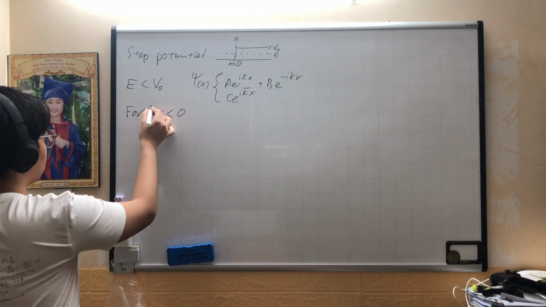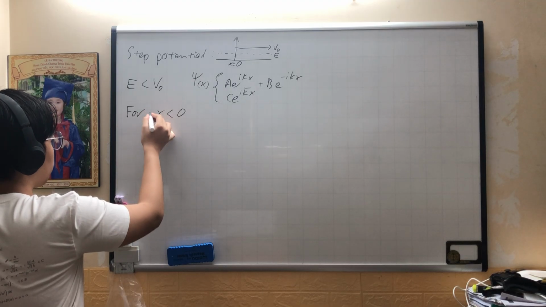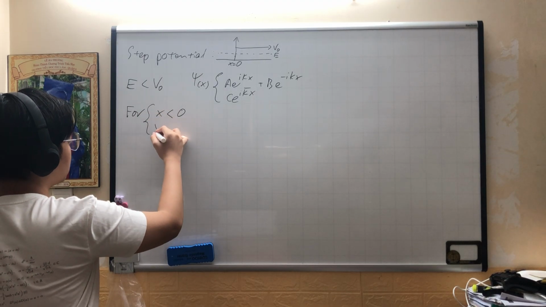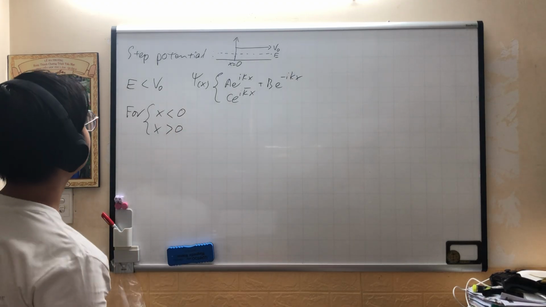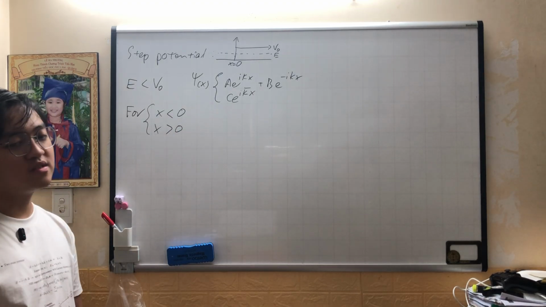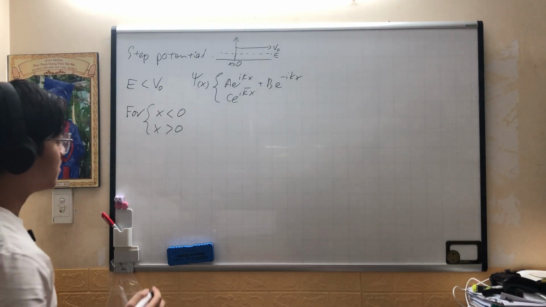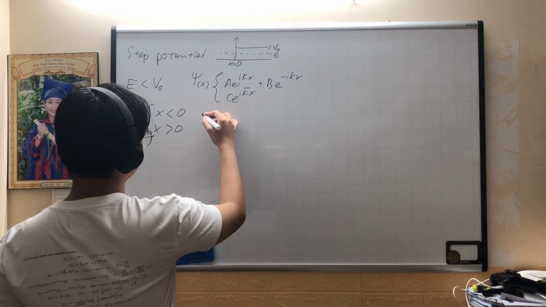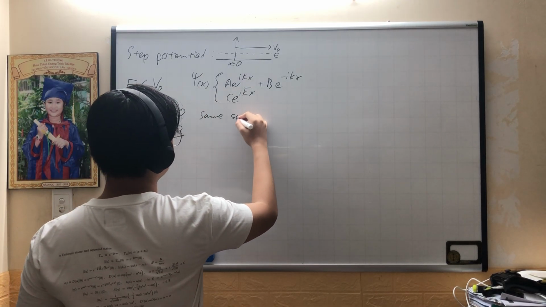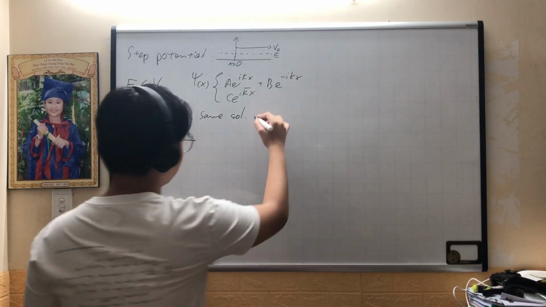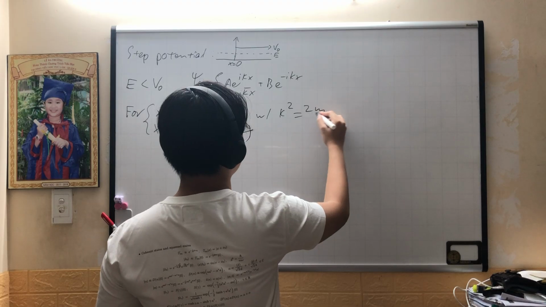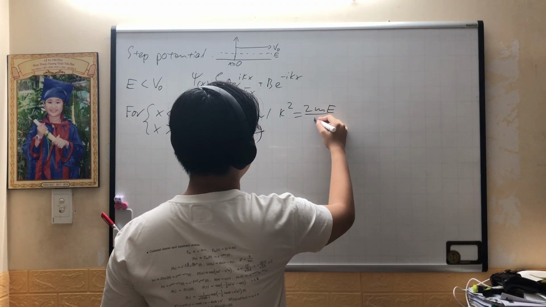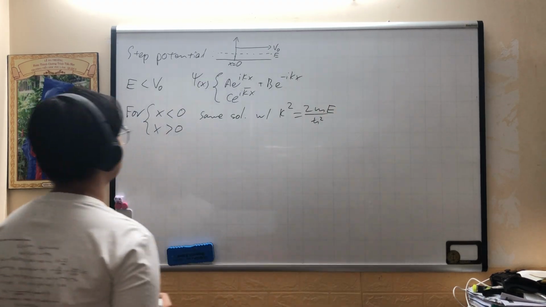So we'll take a look at both regions here, for x less than 0 and x greater than 0. For x less than 0, your solution will stay the same, the same solution with k squared this time equal to 2mE over h bar squared.